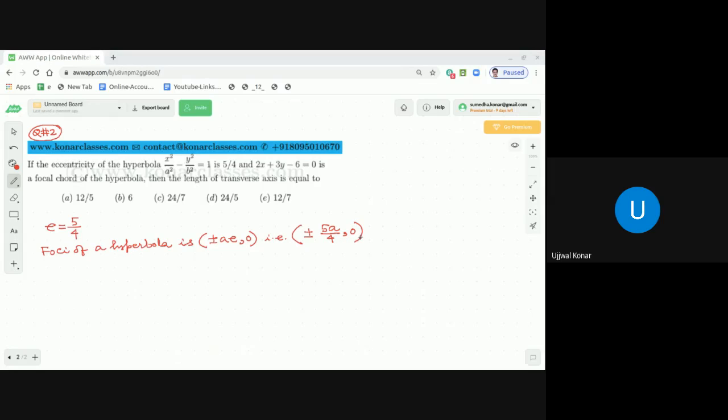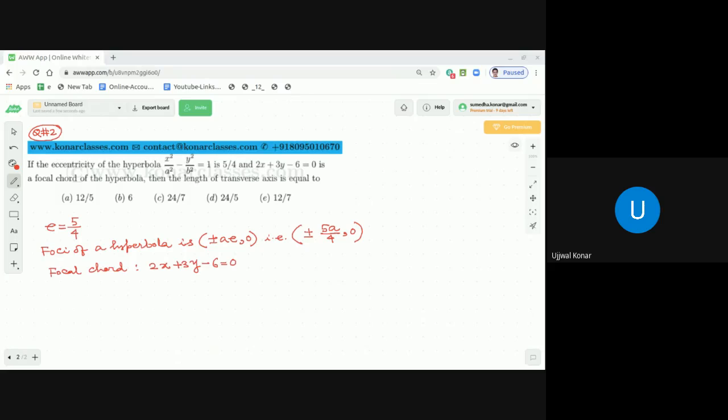Now the focal chord. The equation of the focal chord, according to the question, is 2x plus 3y minus 6 equal to 0. Focal chord means, dear students, it passes through the focus.